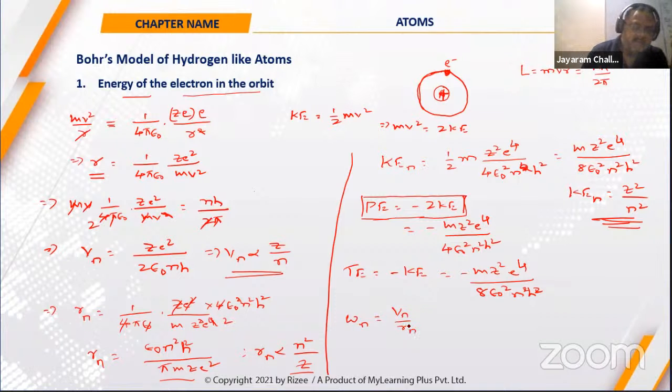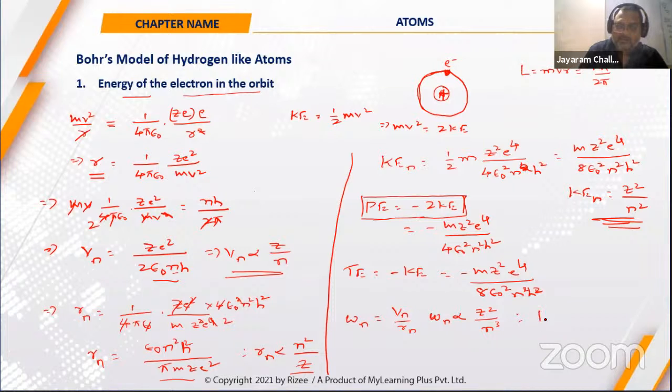Since the velocity is proportional to Vn by Rn, when I directly go for Z values and n values, omega will be proportional to Vn, here you have Rn value. So that will be proportional to Z square by n cube. Here there is an n, here there is an n square, so it will be proportional.